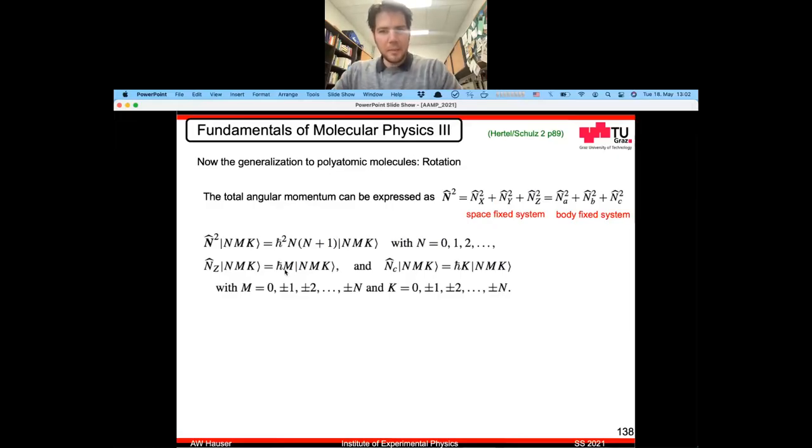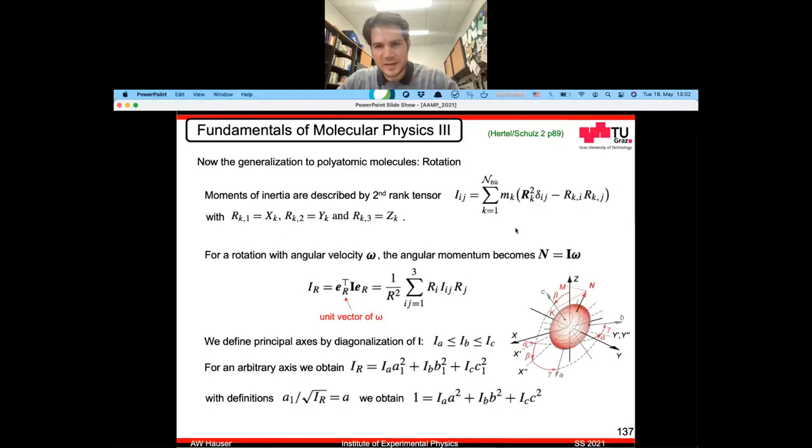And in the body-fixed system, we will take our axis c and look at the projection of the angular momentum on this axis c. I go back one slide to remind you what was the axis c. So we said c was the axis with the largest moment of inertia, right?